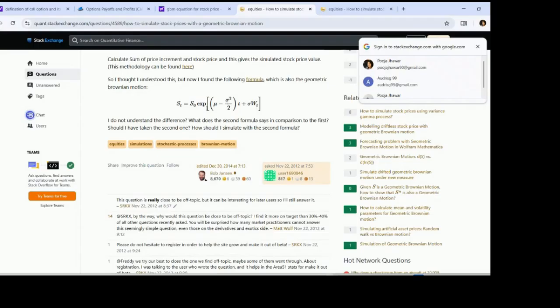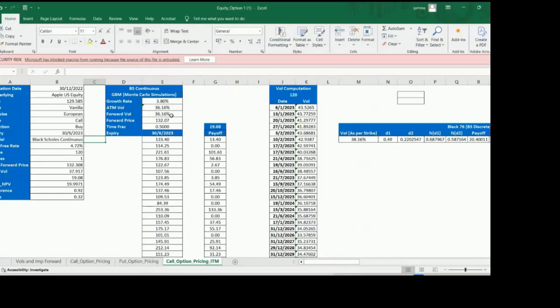Right, so we need to calculate mu. We already know sigma, and WT is nothing but a Wiener process, right? The growth rate here is the mean, which we need as you saw in that equation, and that is nothing but the forward rate by the stock price as of today, and you just annualize it, and you get the annualized forward rate.